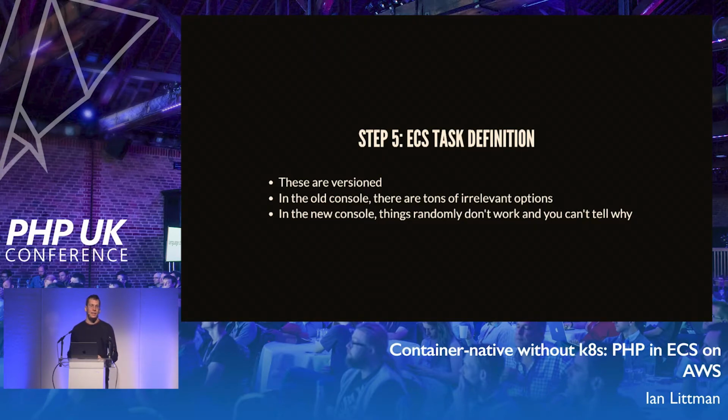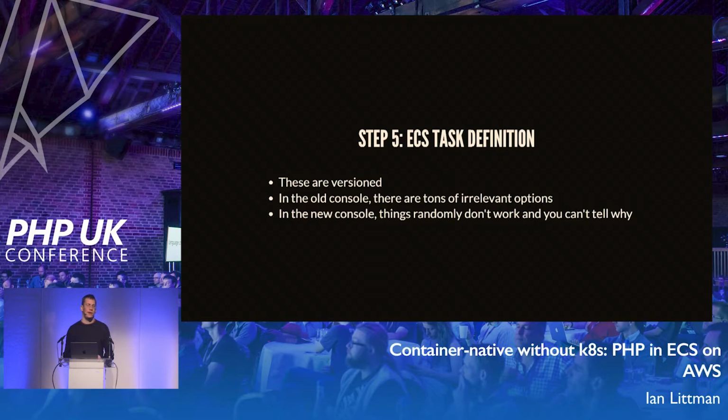Before we get into this, I have a couple of notes here. First off, the old console has, as mentioned, a whole bunch of options that don't really apply to Fargate at all. And if you try to tick one of those boxes, then it will just error out with you, and the error message may or may not be helpful.